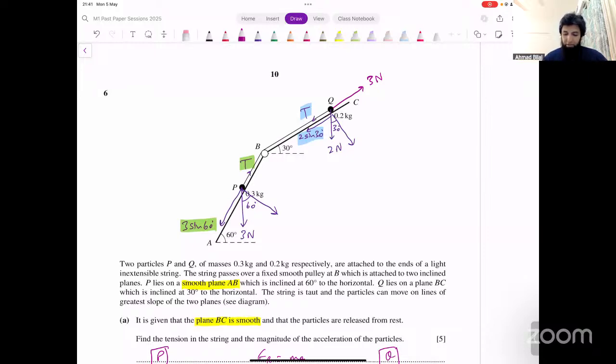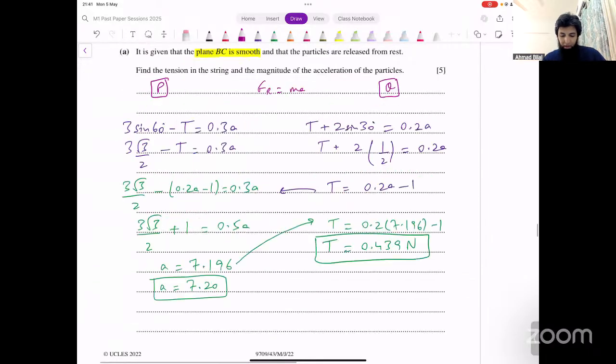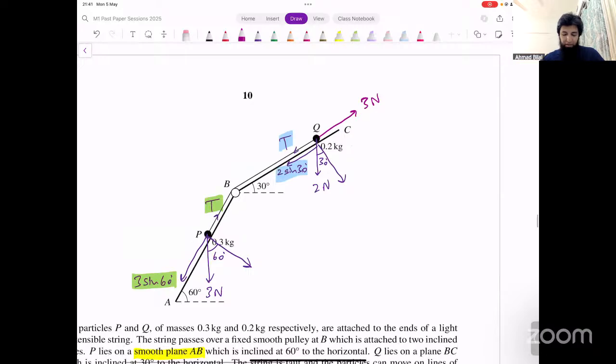Now, first of all, let's consider the forces acting on both sides. We have 3 Newton acting in this direction, and in the other direction, we've got T acting here.